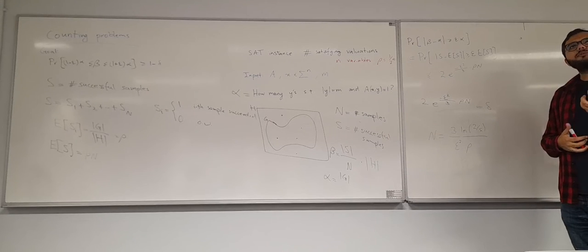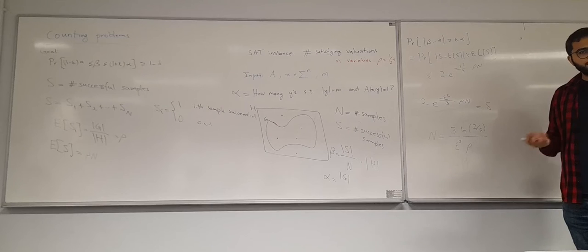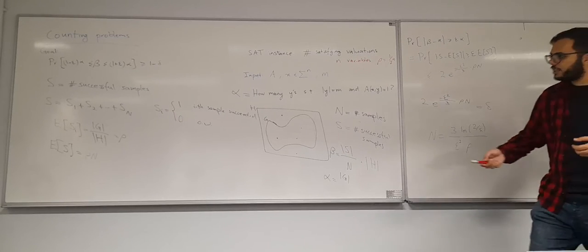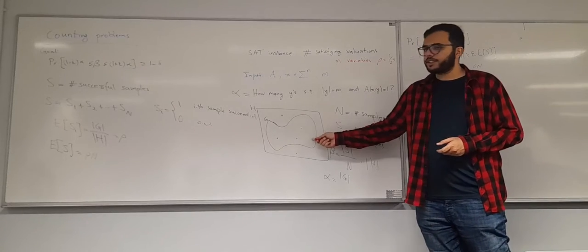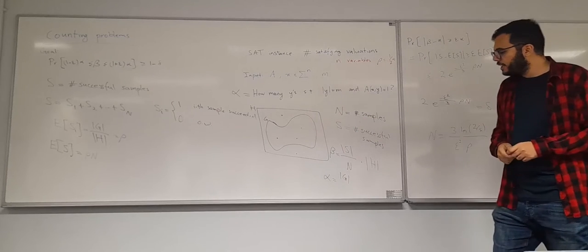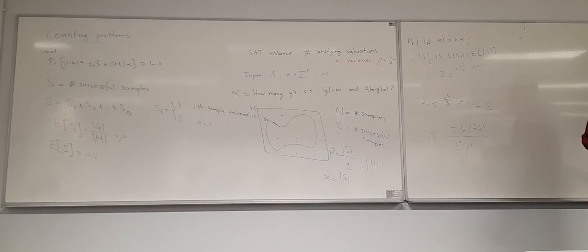So if you have a problem, and this problem has many solutions in a sense, it can be a SAT instance or any other problem in NP, but if it has many solutions, if the ratio of the size of G to the size of H is big enough, then you can just apply this Monte Carlo sample. Now, let's think a little bit more about that. So, what ratios can I handle?